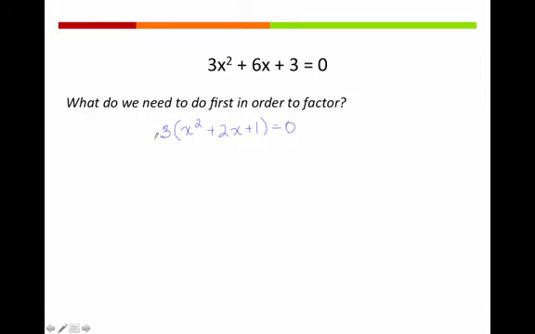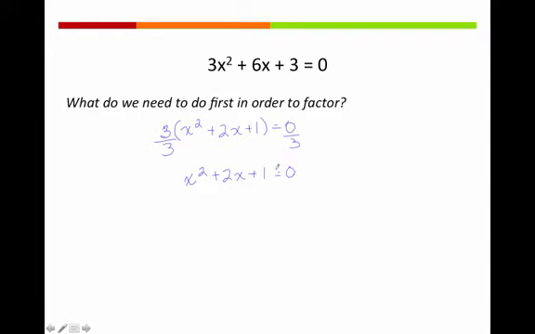Now, I've got this 3 in the beginning, which means I really should be dividing both sides by 3 to get rid of it. Well, this 0 divided by 3 is still 0, which means that x squared plus 2x plus 1 still equals 0.